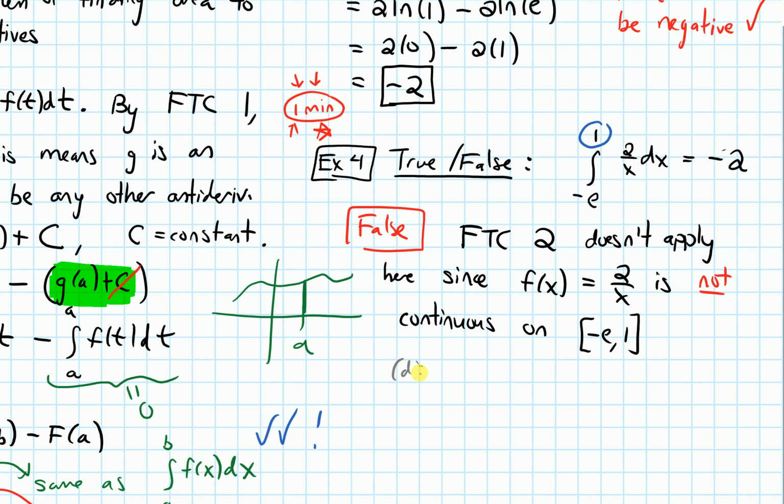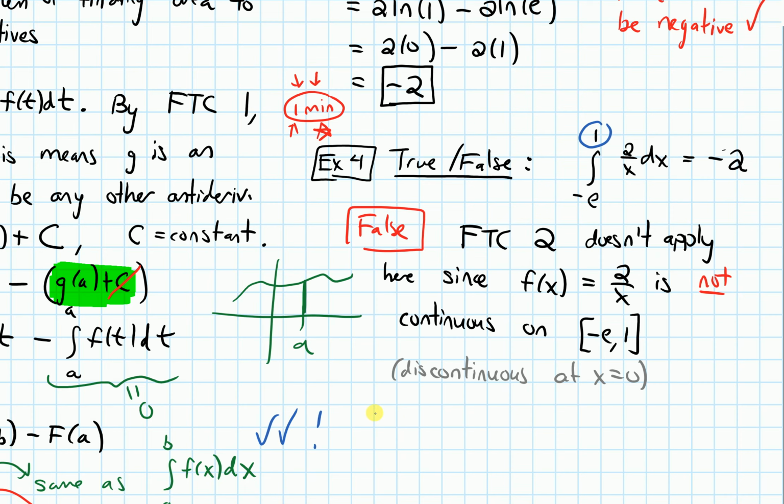Specifically, our function is discontinuous at x equals 0. So because of that, we can't use FTC Part 2 to get that this would be -2.